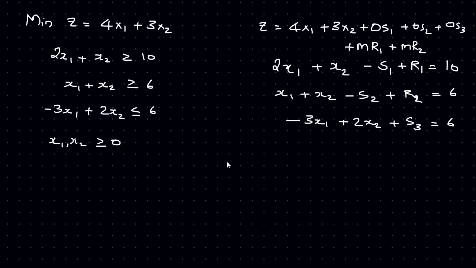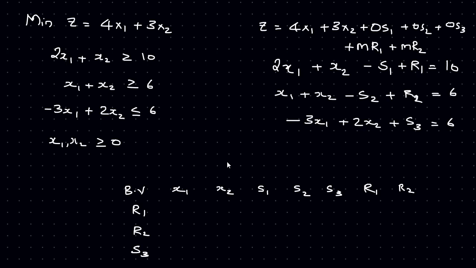We have the basic variables r1, r2 and s3, and then we write all the variables here: x1, x2, then s1, s2, s3, and r1, r2. So we have all these variables now, and we need to write the corresponding coefficients.